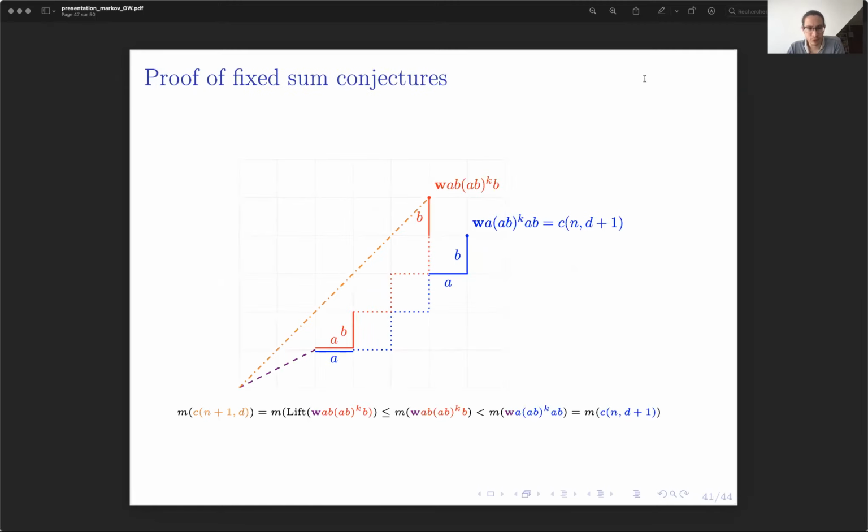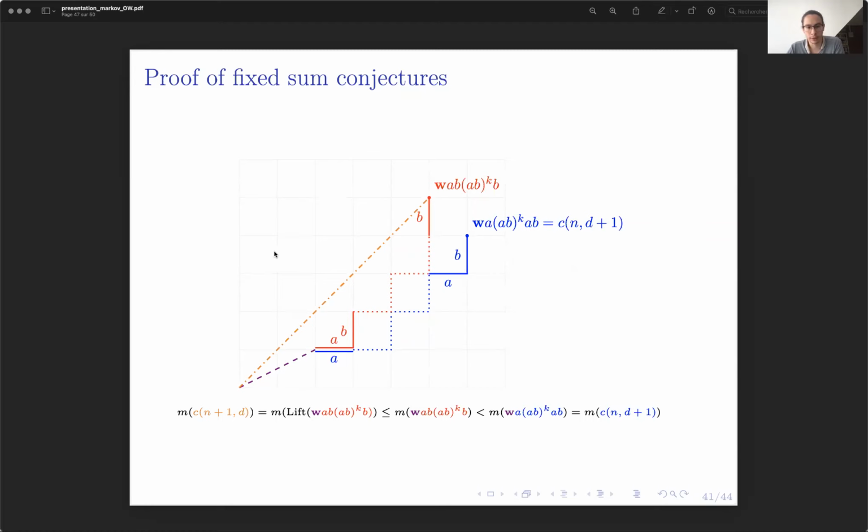And the idea is this one. You have a word which is in orange here, which is the lifting of the word in purple and red. So we can apply our lemma and say that the M value of the lifting is greater than the M value of the word, and the M value of this word is greater than the M value associated with the word in blue, which is the one associated with the Christoffel path in D+1.